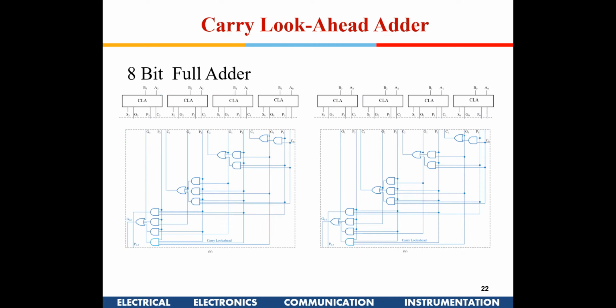Now if I have to make an 8-bit full adder, I have this one block and I have this one block, so I can give this carry as an input to this block. Now I can't keep expanding this, because if you see here, this AND, I have already started using 4 input AND gates.